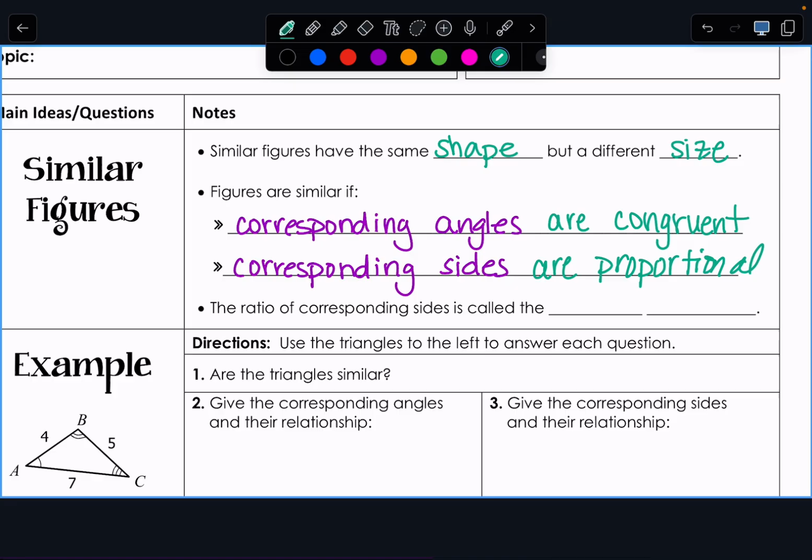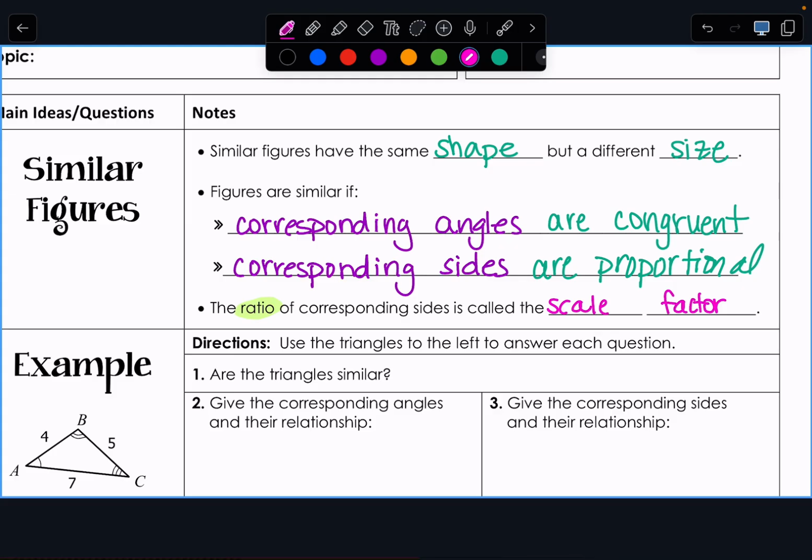Does it make you think of fractions? Oh, well, it should. We're going to talk about ratios. Proportional means we have equal ratios. So we're going to find what is called a scale factor. What is the proportional relationship from this shape to this shape? That's going to be our scale factor.